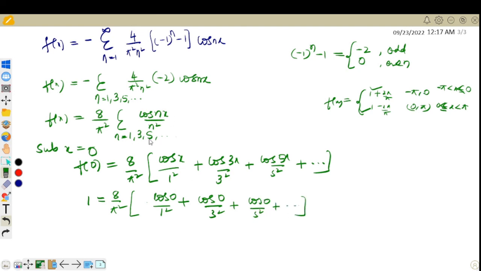Look, students, first expand it and then substitute. But what we have done is substitute and expand together. What you need to do is first expand it and then substitute the value x equal to 0.